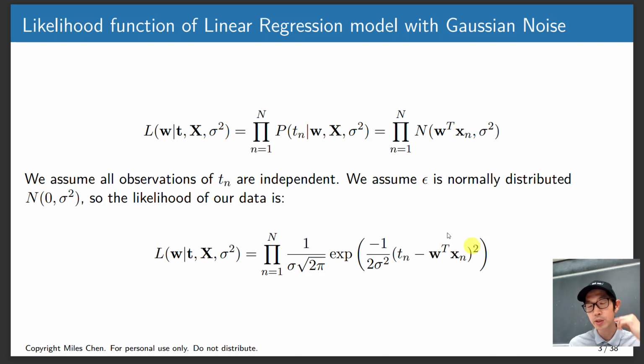Because all of the observations are assumed to be independent of each other, the total likelihood of our entire data set will be the product of the probabilities of all of these observations.